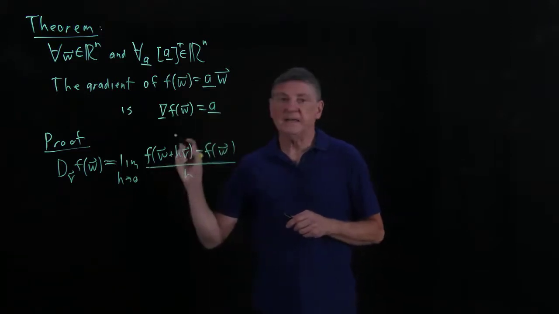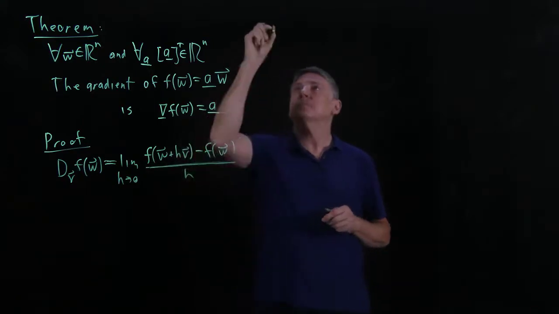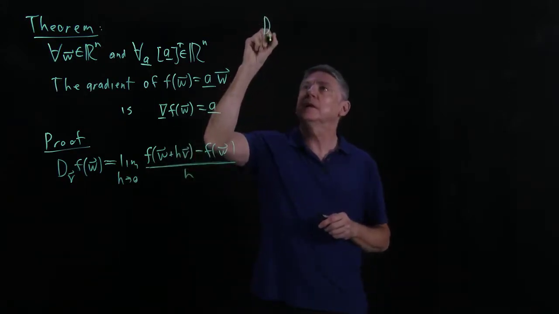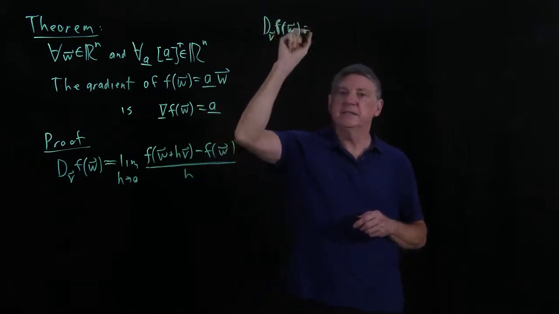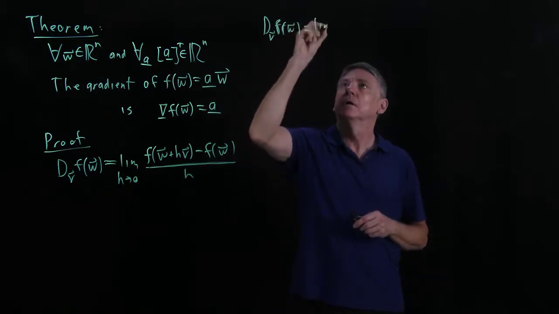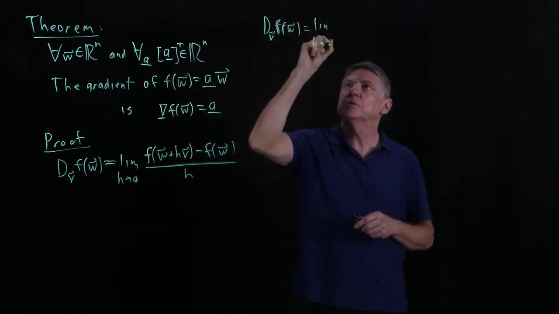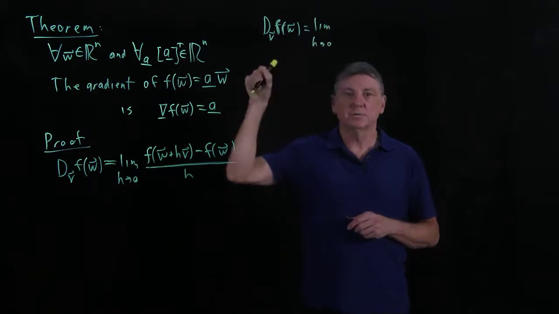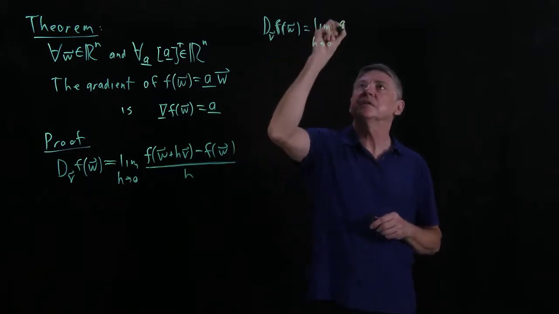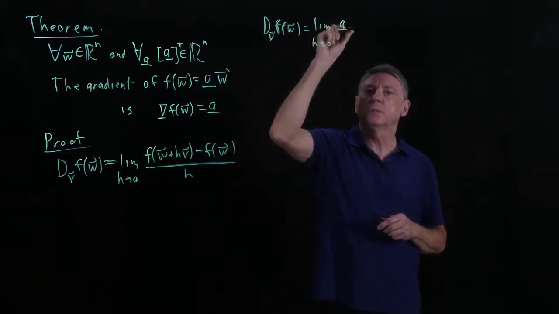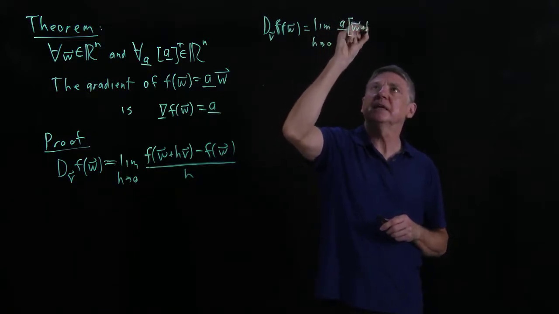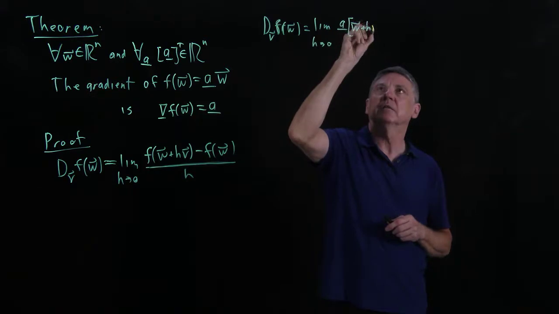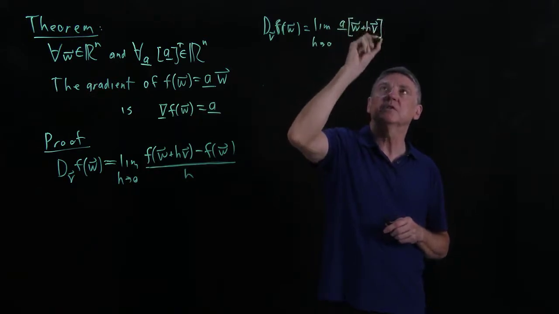So that equals, the directional derivative of this function is the limit as h goes to 0 of, now I'll substitute the function. And the function is, we take the one form and we multiply it by the argument plus an infinitesimal amount of any v whatsoever.